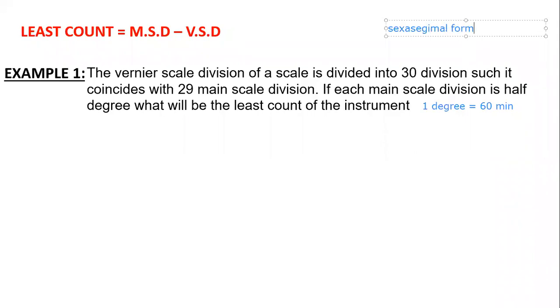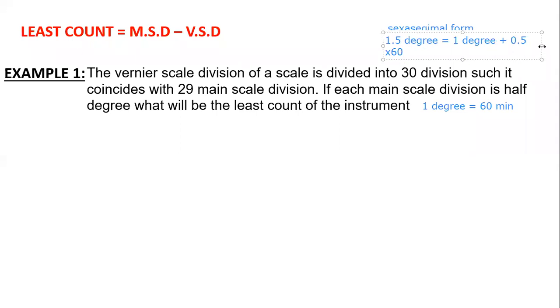In which your angle is measured in terms of degree, minute, and seconds. So a simple example, if I say it is 1.5 degree, I can write 1.5 degree as 1 degree, and the remaining 0.5, I can convert it into minutes by multiplying it by 60.